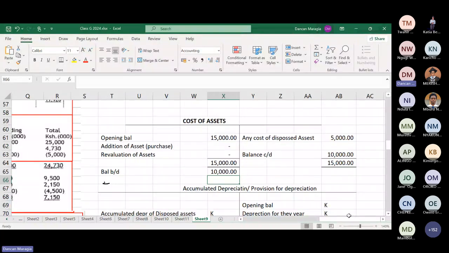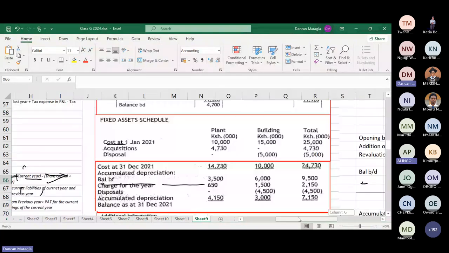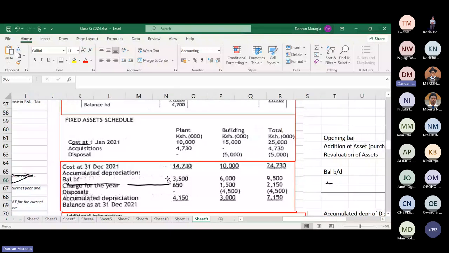And that is why the cost account at 31st December 2021 for building is how much? 10 million. Good. Let's go to the accumulated depreciation side, correct? Yes. Opening balance was how much? 6,000.